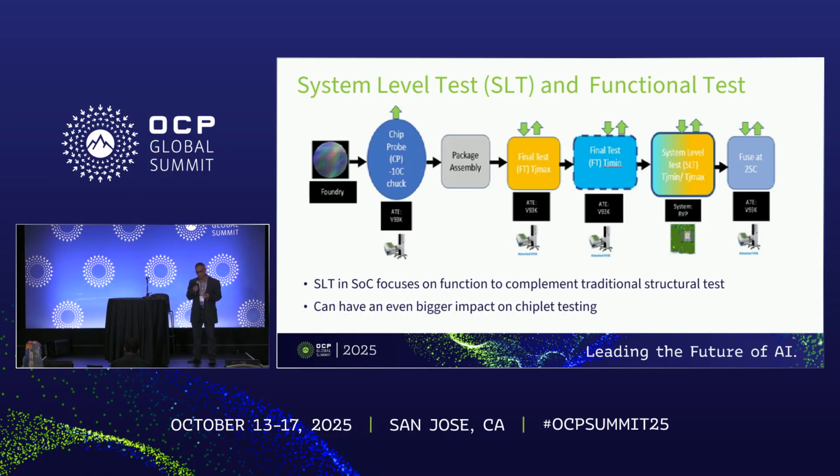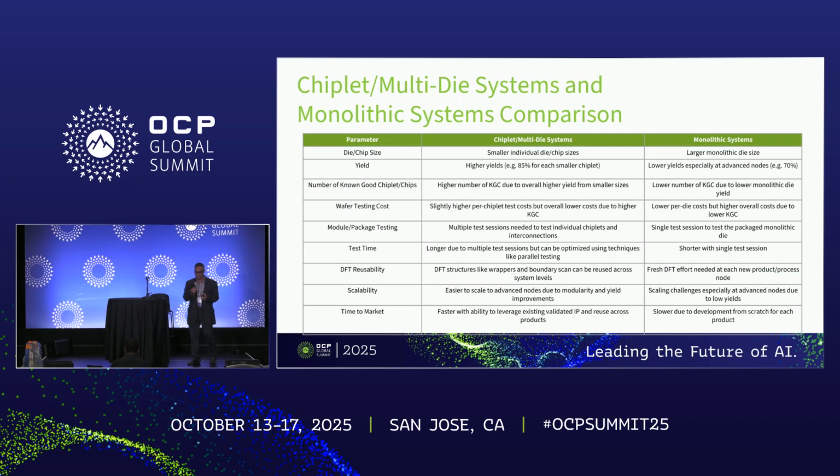And it has been shown by established tester companies like Teradyne and Advantest that SLT does catch some of the faults which are not detected by structural tests. What I mean by structural test is defects due to silicon manufacturing.